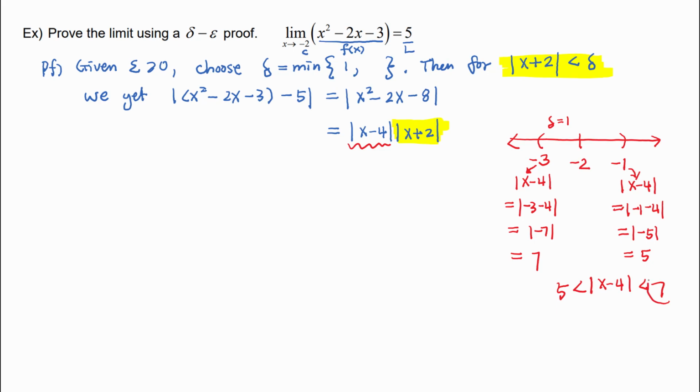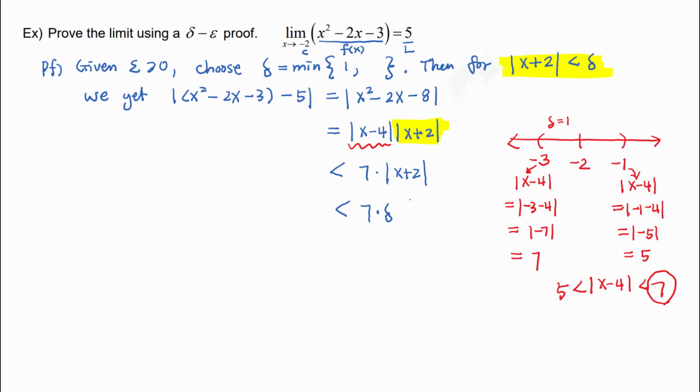And we want to choose a larger number to get a smaller delta. Is that right? So we're going to replace this. We know the absolute value of x minus 4 has to be less than 7, times the absolute value of x plus 2. And by hypothesis, this has to be less than 7 times delta.